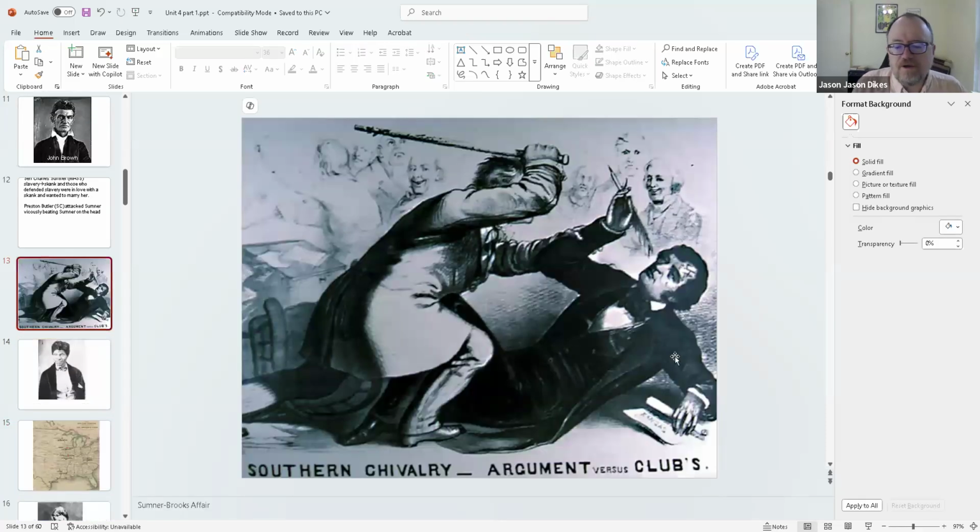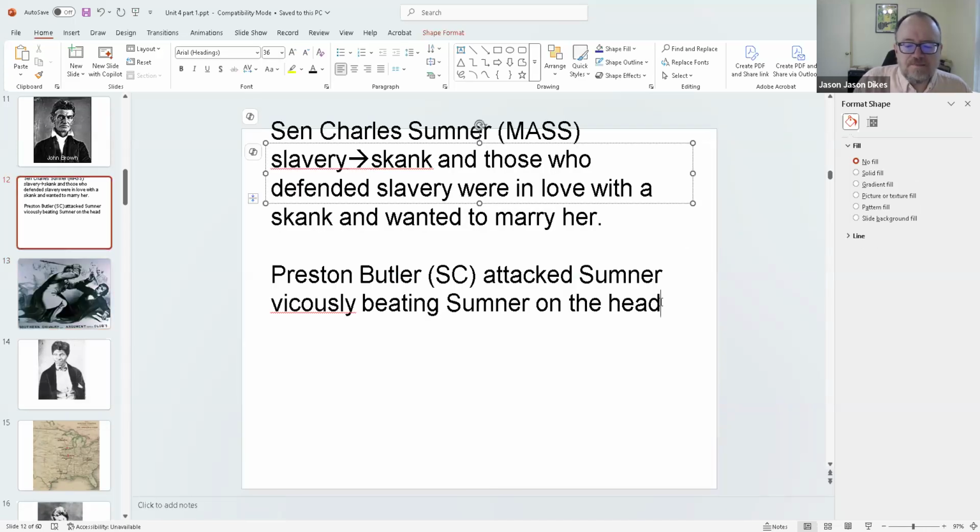What's that drawing? So yeah. There were really no guards like there is today in Congress. And one of Brooks's friends brought some guns to keep everybody from helping Sumner.